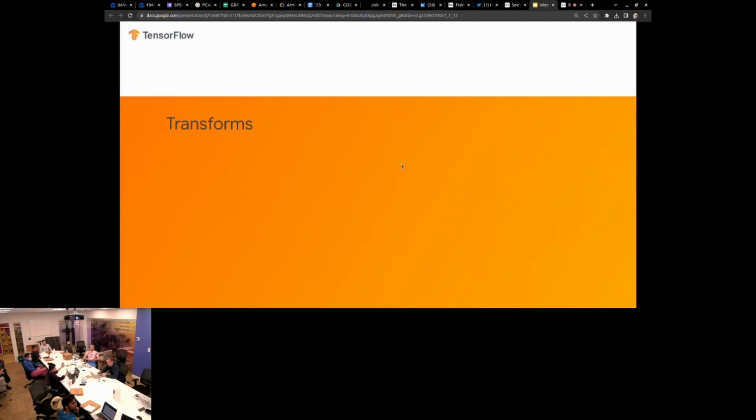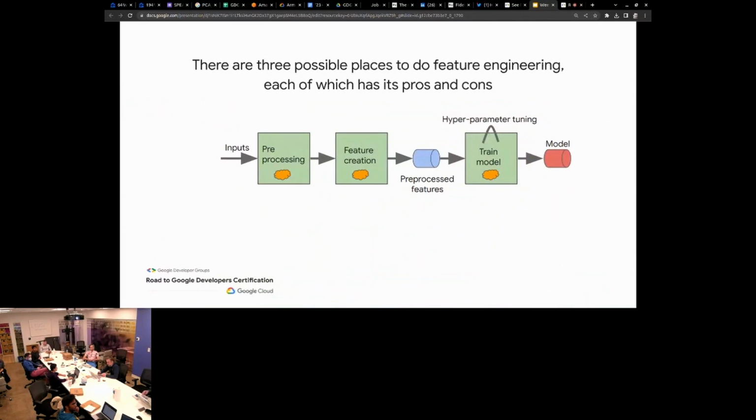Okay, with that being said, now we are done with feature engineering, headed to transforms. The question that comes to mind is, where do you want to apply this transform? We talked about all different methods of feature engineering, but where should we do this feature engineering? Should it be when you are training the model?